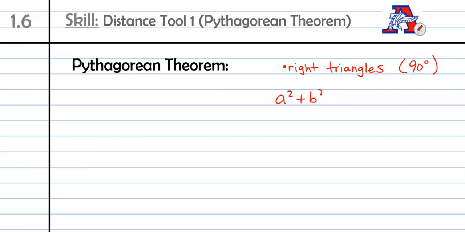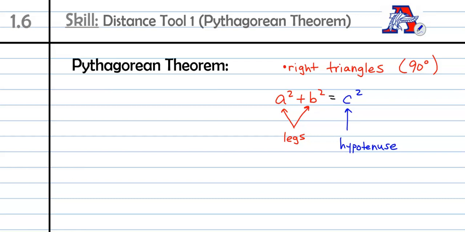A squared plus b squared equals c squared. And maybe you remember this. A and B are the legs of the right triangle, and C is the hypotenuse of the right triangle.